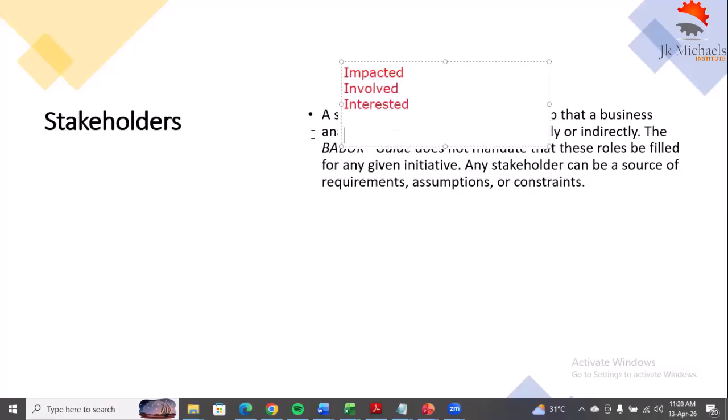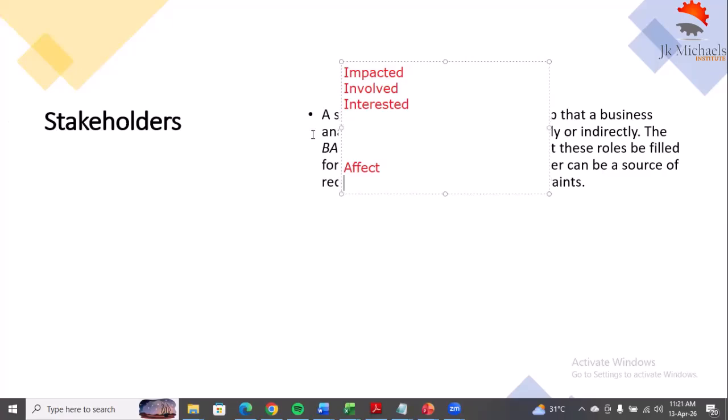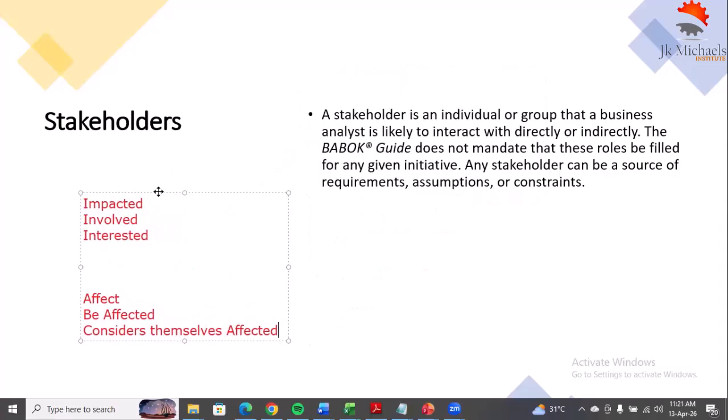Other definitions may say that stakeholders can affect a change, can be affected by a change, or consider themselves affected by the change. Right. Bottom line is the stakeholders will be interacted with by the business analyst.